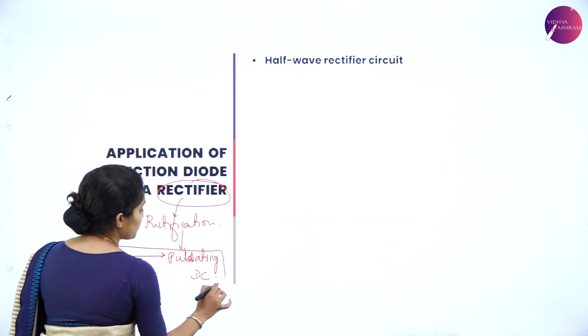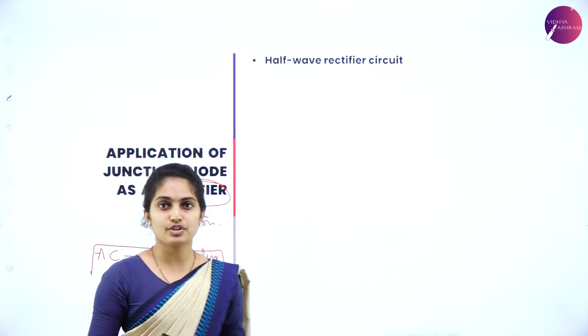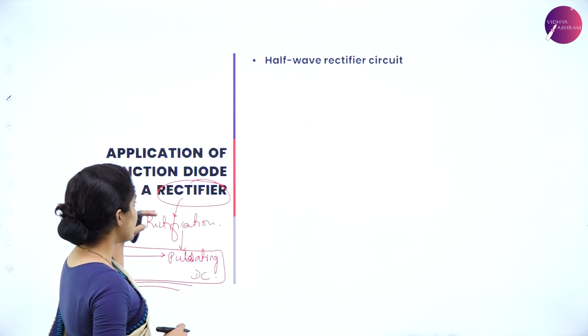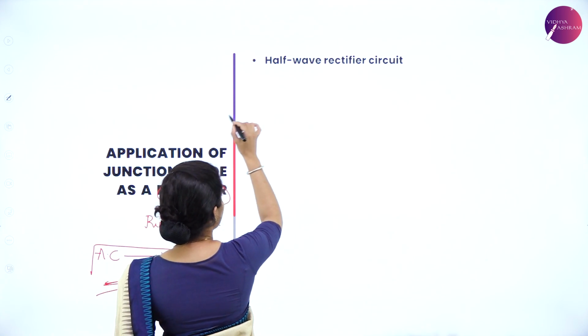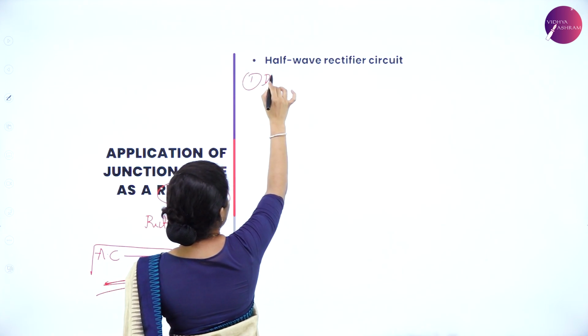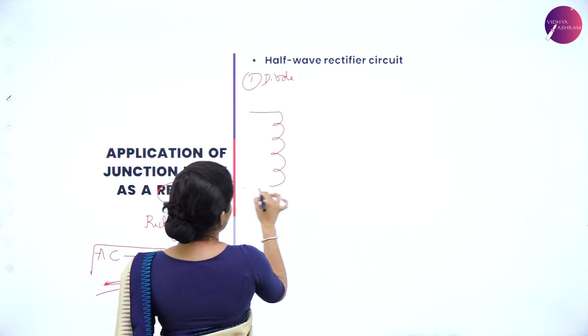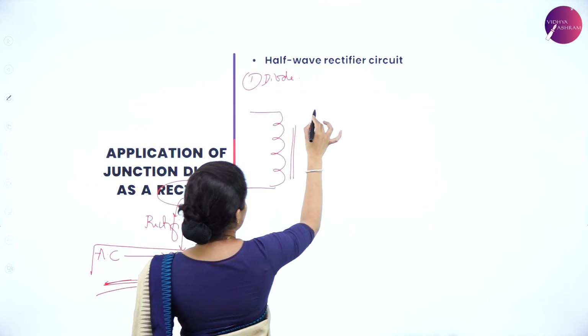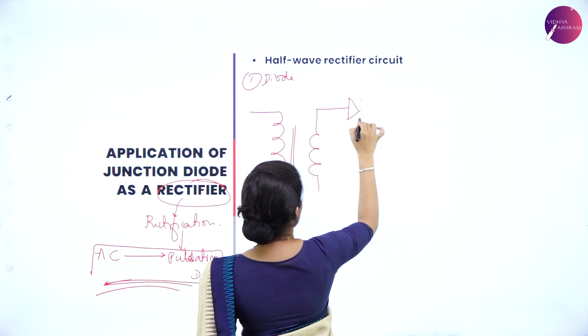This is what rectification is all about. To achieve this, we have rectifiers. We have a half wave rectifier, for which only one diode is used. We have a transformer, which is later connected to a diode.